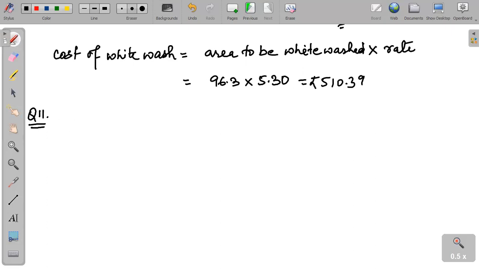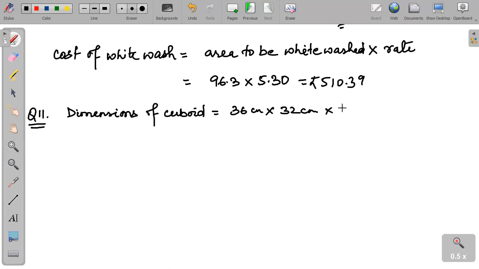So dimensions of cuboid is equal to 36 centimeter into 32 centimeter into 25 centimeter.